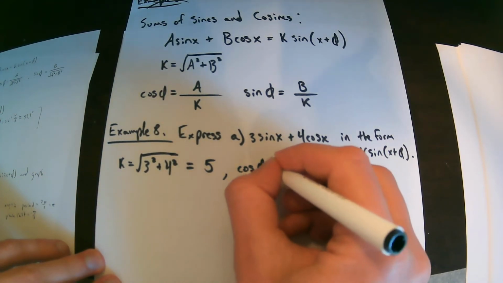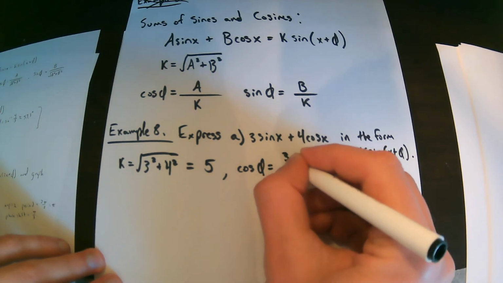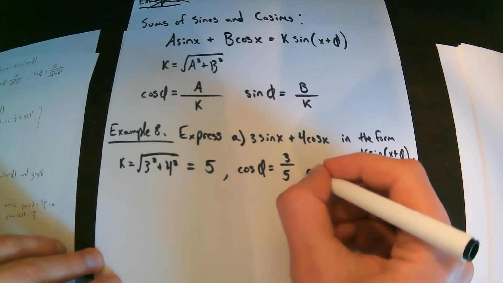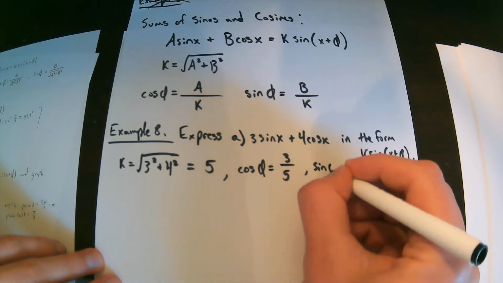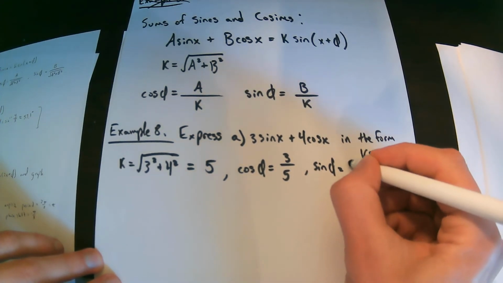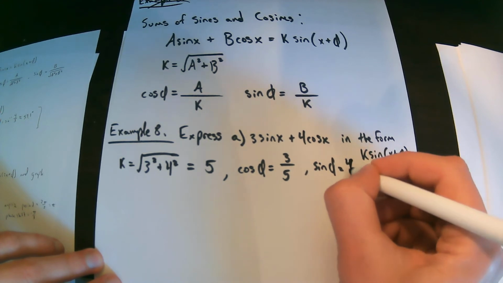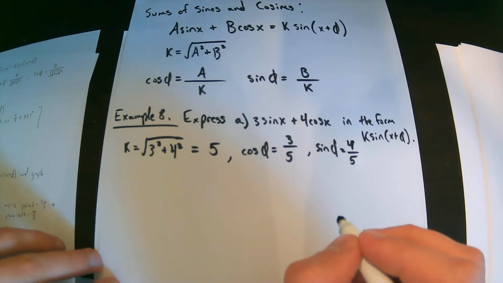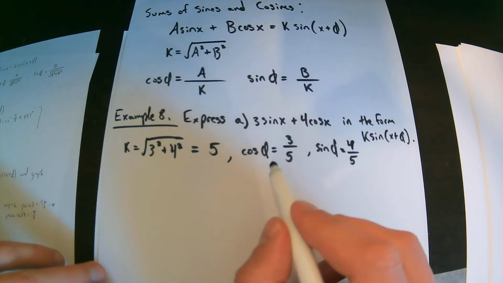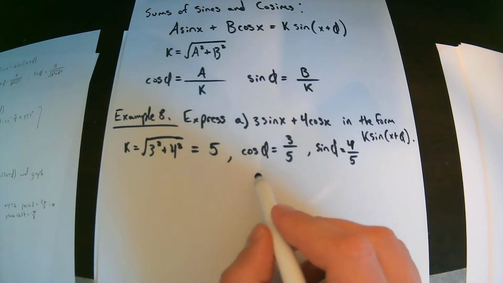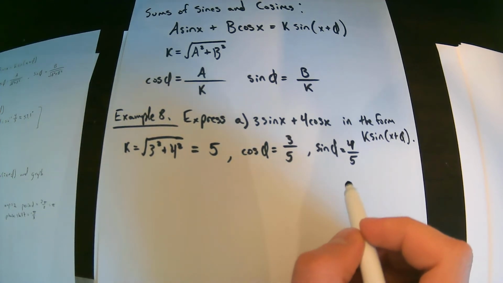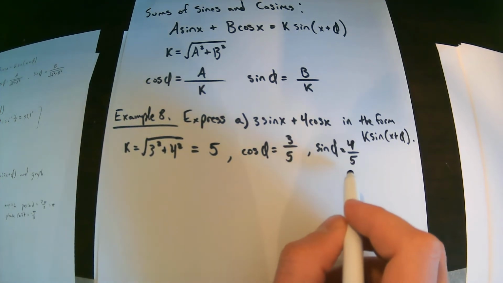Cosine of phi is equal to a over k, and sine of phi is equal to b, which is 4 over k. So what this tells us is that phi is positive. Phi is in the first quadrant because both of these are positive.